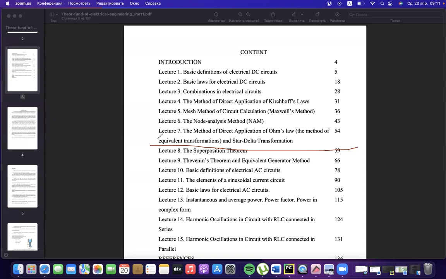And after that, to apply Ohm's law for a simple circle. It was our previous point that we finished.